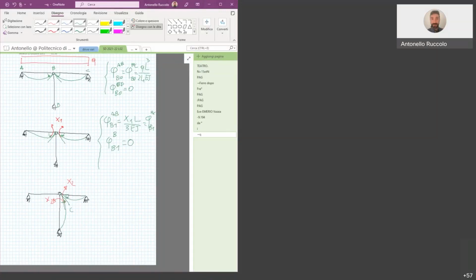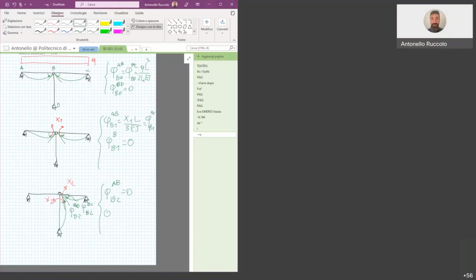This is B, A, Q, and this is C, B, B, C, Q, and this is B, D. So we have phi B1 in the node AB, which is equal to 0, because we have the hinge.